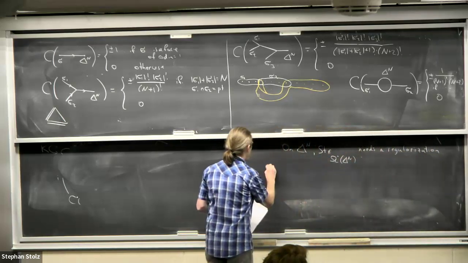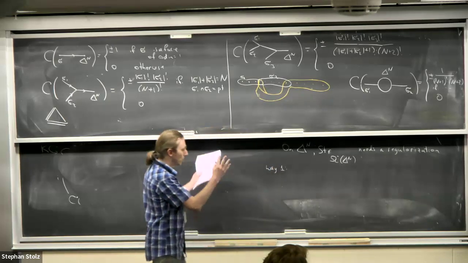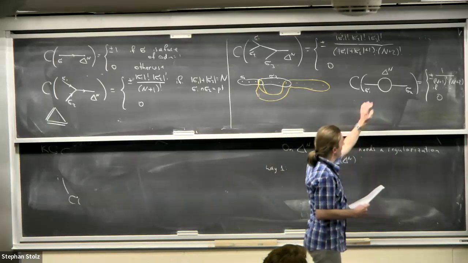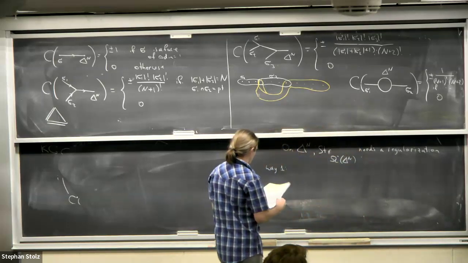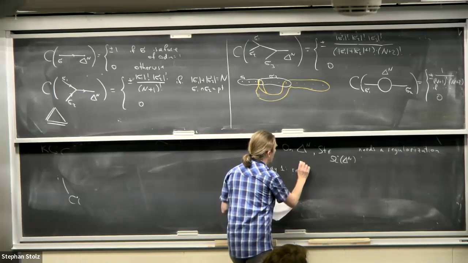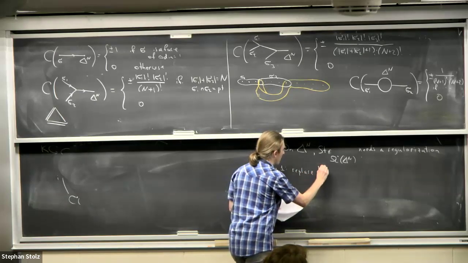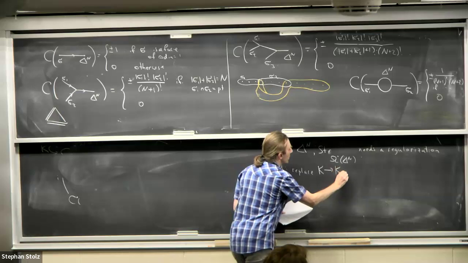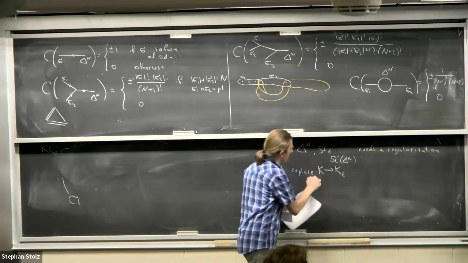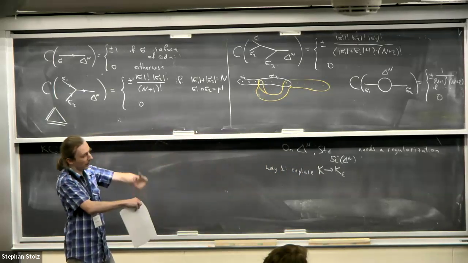So there's one way which is an honest regularization, which actually works and gives you answers, and that's how originally this was computed. You regularize the chain homotopy operator. So you replace the Dupont's operator K with some regularized version. In the construction, there was this variable u that was the vertical coordinate along the cylinder.